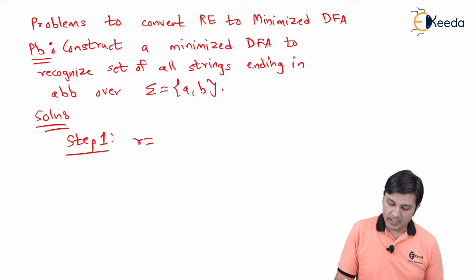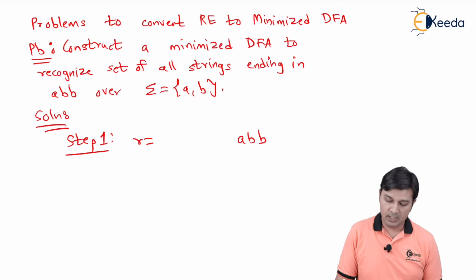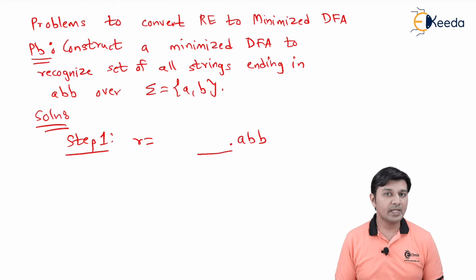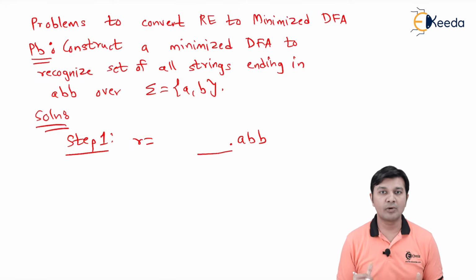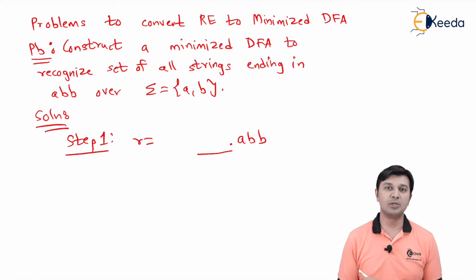We already know that it has to end in ABB, so we write ABB over here. Since it has to end in ABB, anything after ABB is not acceptable, whereas it can have anything before ABB, and that anything is nothing but any combination of A's and B's, denoted by (A+B)*.